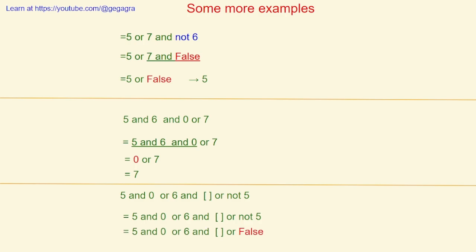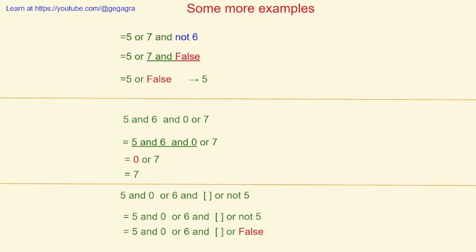Okay, now 5 and 0, 6 and empty list. We'll have to evaluate this. As far as and is concerned, we'll have to find the first false value in 5 and 0. There is no false value before 0, so it will return 0. And when we look at 6 and empty list, 6 is not the false value, and that is why it will return the last value, that is empty list.